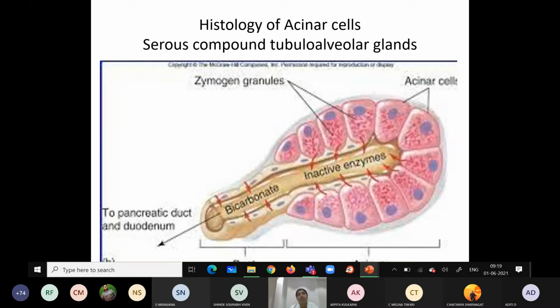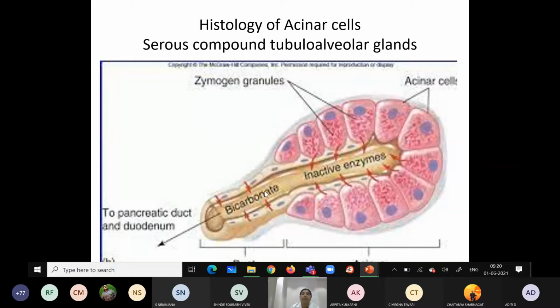This is another important characteristic of pancreatic juice. No enzyme is in the active form when it is getting released from the zymogen granule into the ductal part, right? Because these inactive enzymes get converted into active form in the ducts only, not in the acinar cells. This is the second important characteristic feature you should remember.